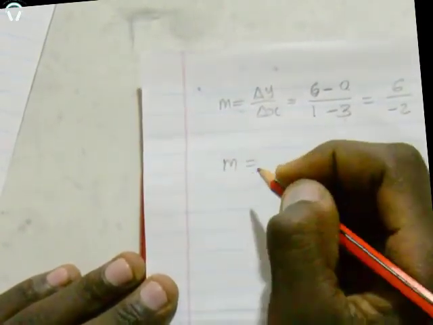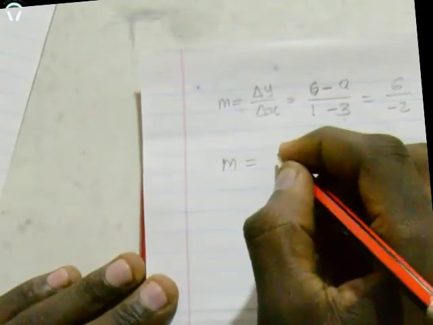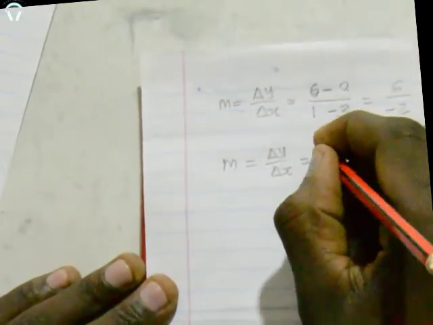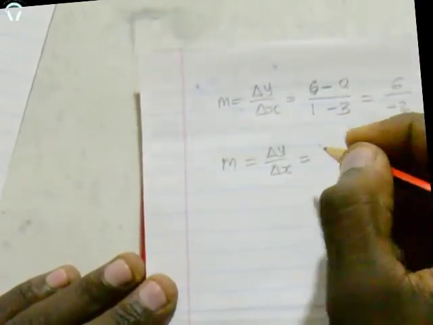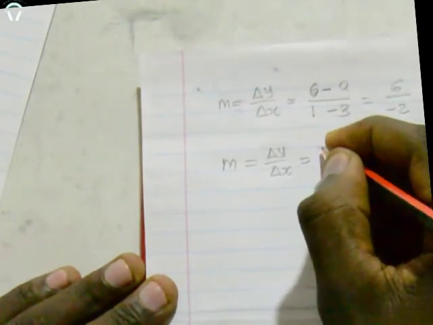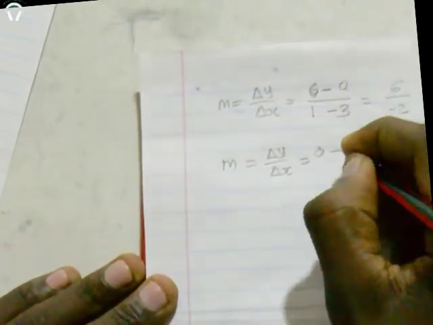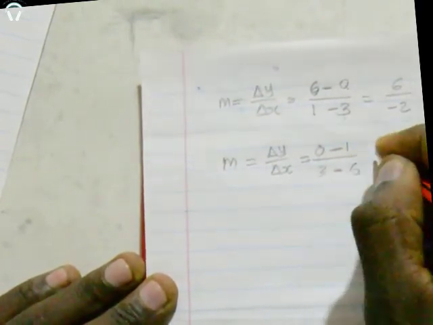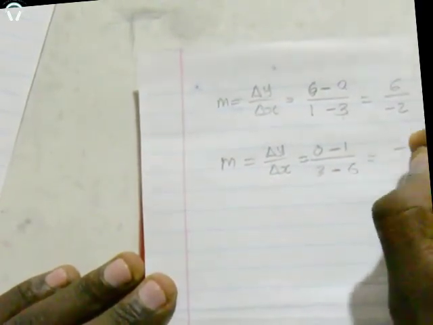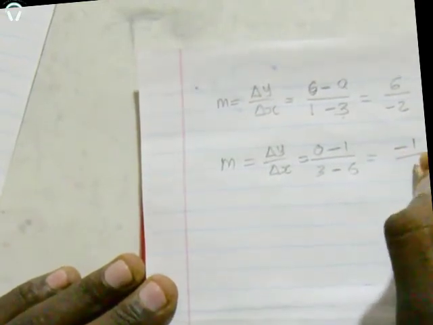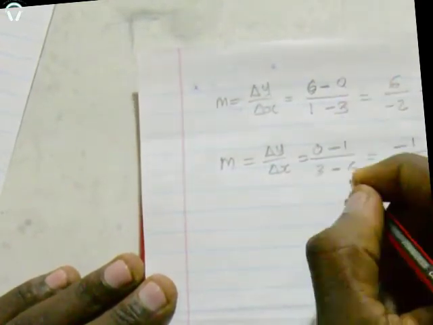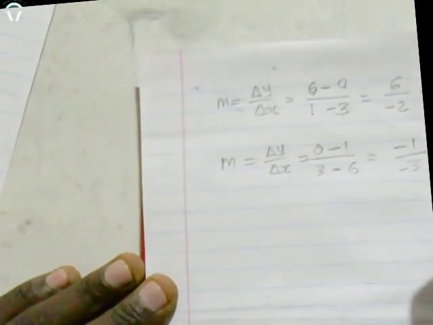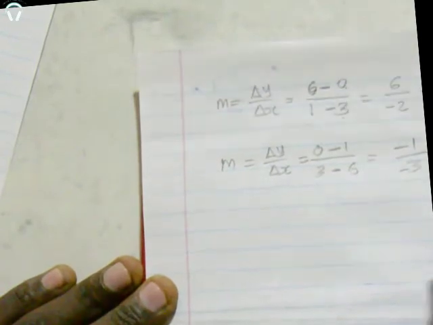Let's find the gradient of BC. Also the change in y over the change in x. I'm taking B to be my x1 and y1. So it becomes 0 minus 1 over 3 minus 6. 0 minus 1 is minus 1. 3 minus 6 is minus 3. So the gradient of BC is 1 over 3.